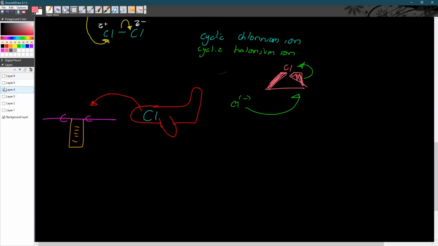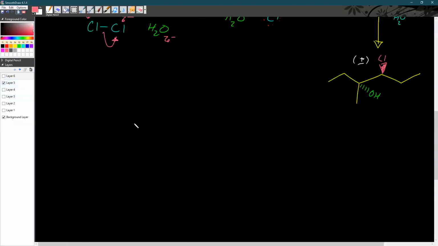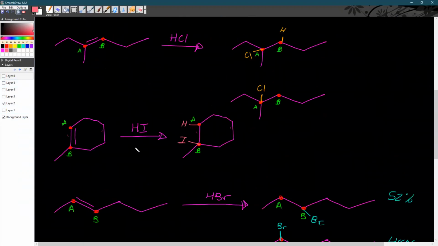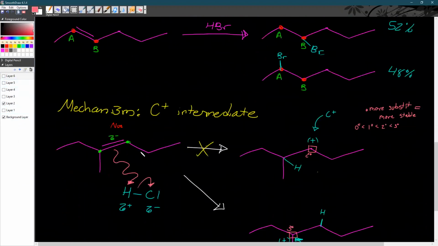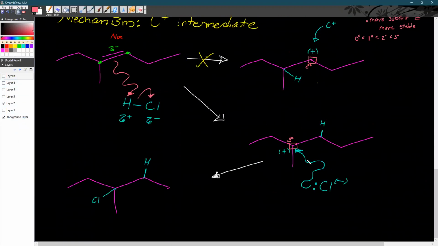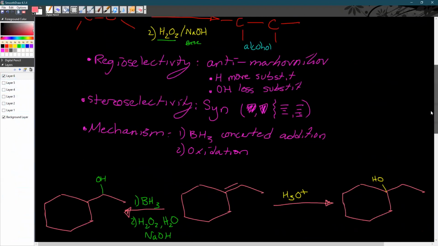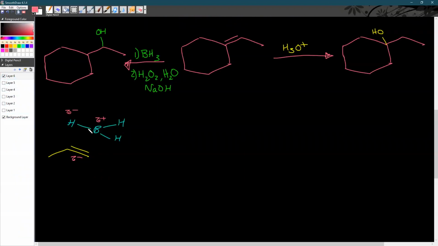Our negative things ended up on the more substituted side, right? So it makes sense that since this hydrogen is more negative than the boron, it's going to end up on the more substituted side, okay?